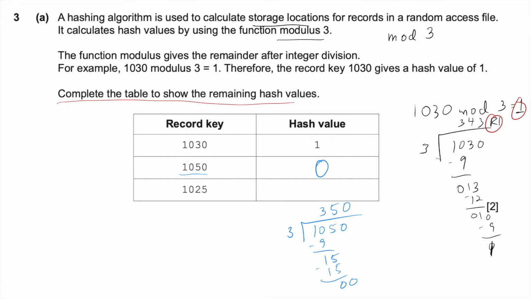And then if we did 1025, 1025 divided by 3, so 3, 9, 0, 1, we have 2, that's 4, 12, so we're going to have 0 and then 5, and then that's going to be 1. And so 5 minus 3 is going to be 2. So we're going to have a remainder of 2, so our hash value is going to be 2.